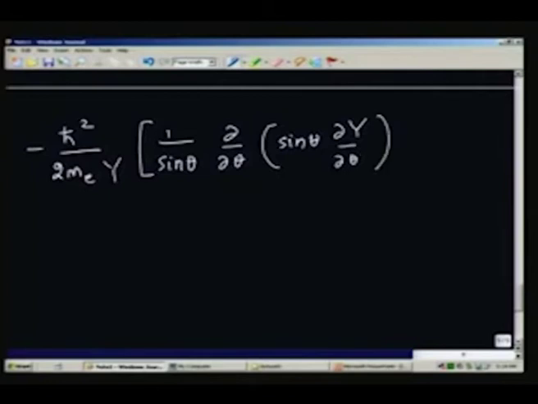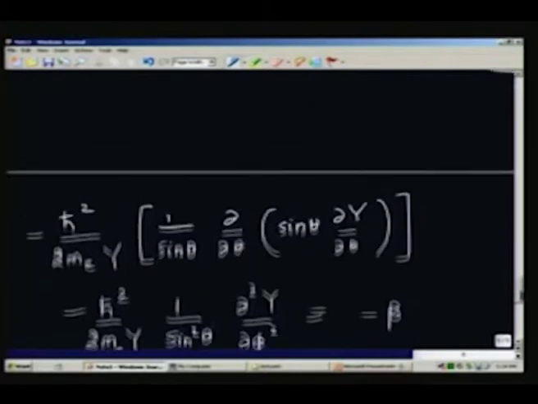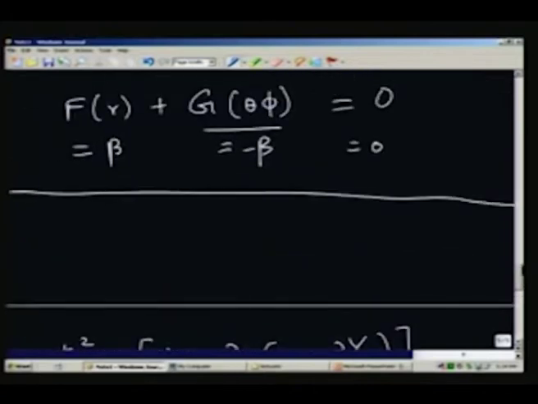This is the first term of the theta phi equation, and then you have minus h bar square by 2me times y, 1 by sine square theta dou square y by dou phi square is equal to minus beta. That is what we set this equal to. A function of theta phi is equal to minus beta.